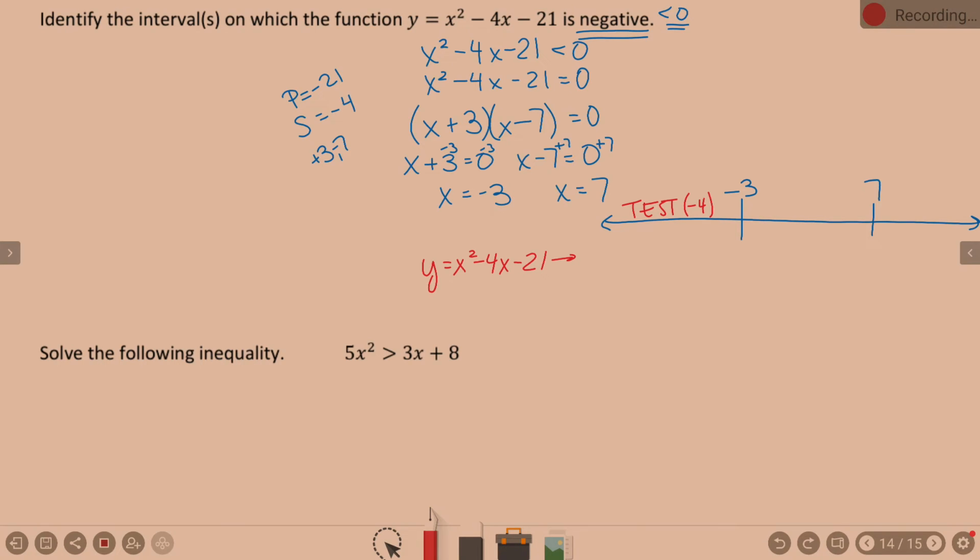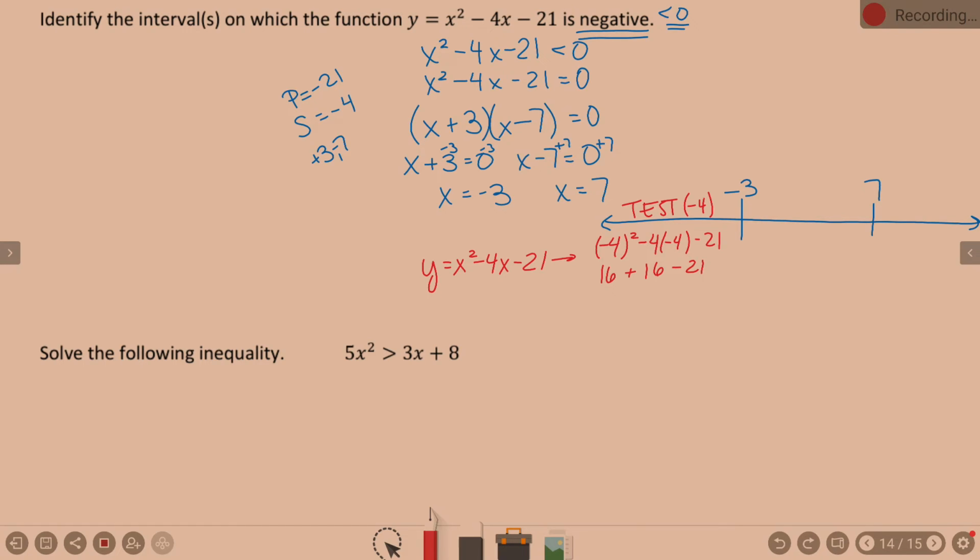We're going to use y equals x squared minus 4x minus 21, right? So, negative 4 squared minus 4 times negative 4 minus 21. Negative 4 squared is 16. Minus 4 times minus 4 plus 16 minus 21.